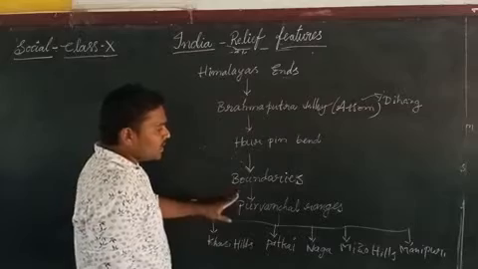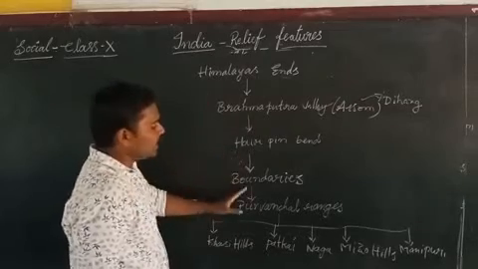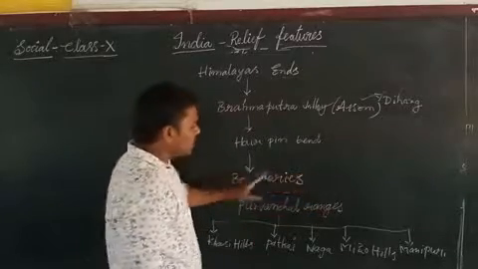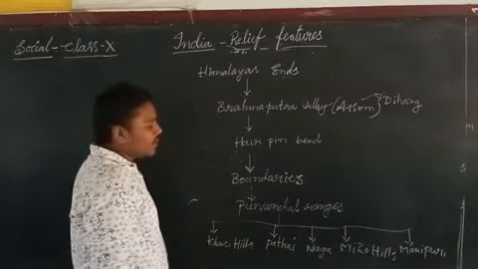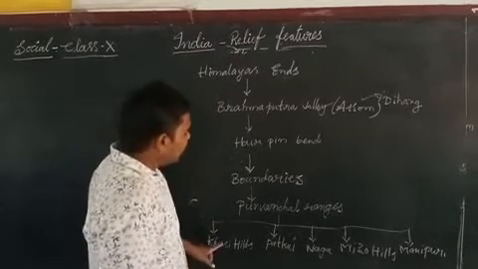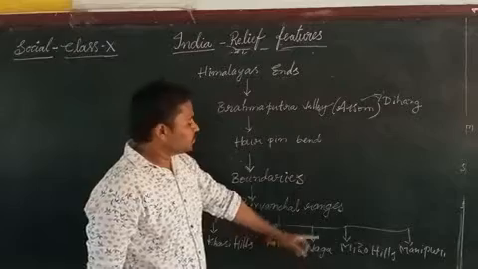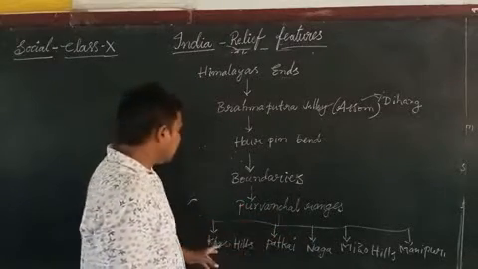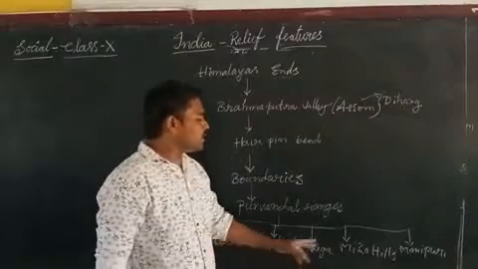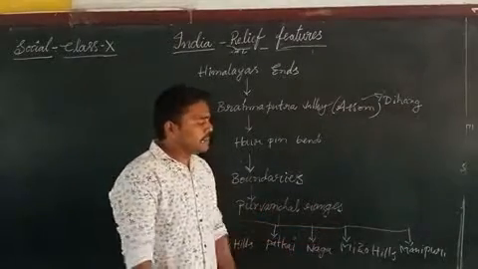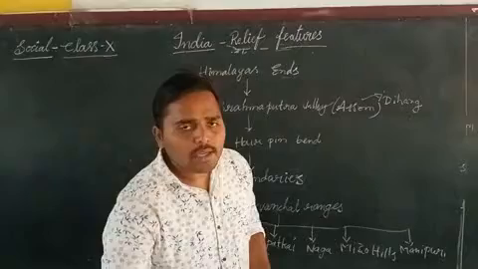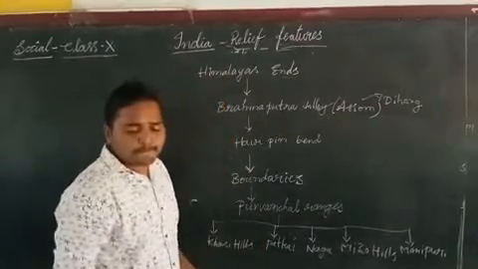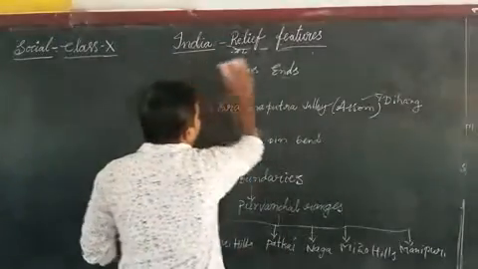In this region, these Himalayan ranges are called the Purvanchal ranges, with different names in different regions: Kashi Hills, Patkai Hills, Naga Hills, Mizo Hills, and Manipuri Hills. Now we have completed the Himalayas.